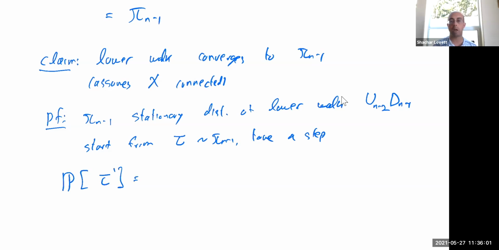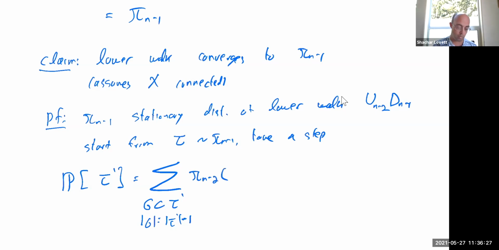Well, how can we get to tau prime? We must have started from some tau, removed an element, added an element, and reached tau prime. So it's going to be the sum of all sigma contained in tau prime, whose size is the size of tau prime minus 1, right? And the probability we reached it is going to be pi n minus 2 of sigma, right?